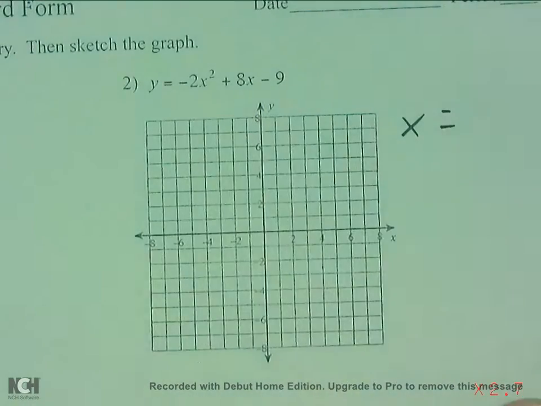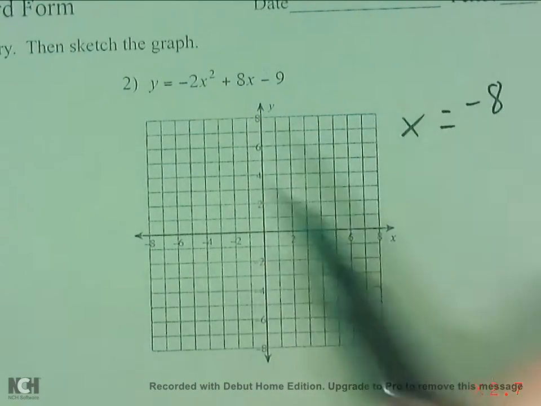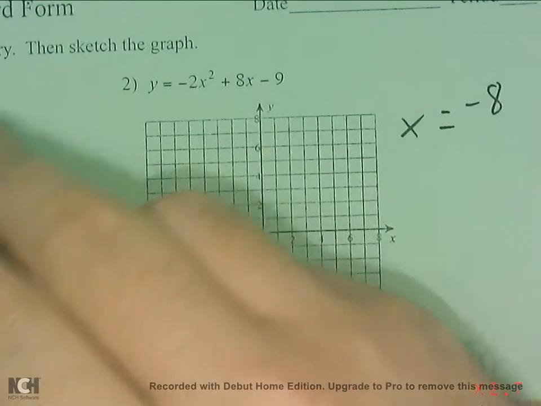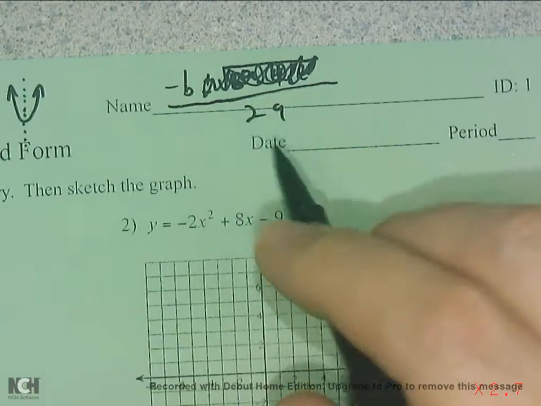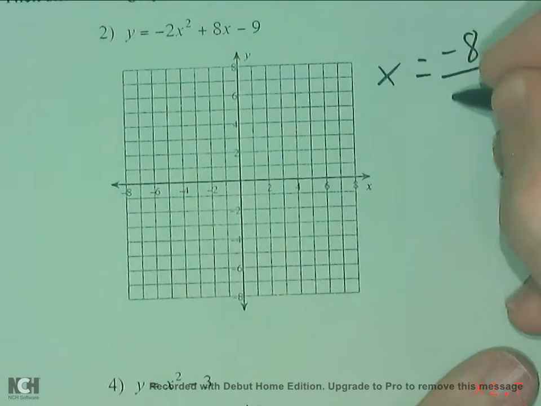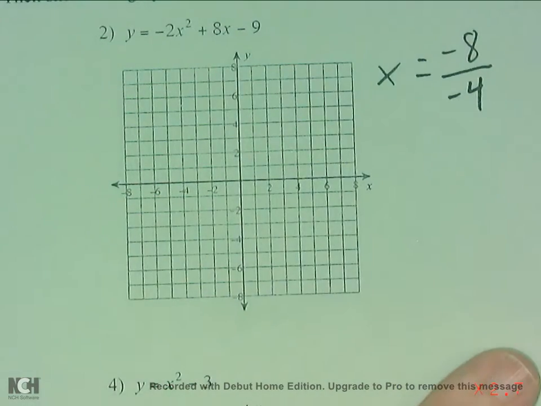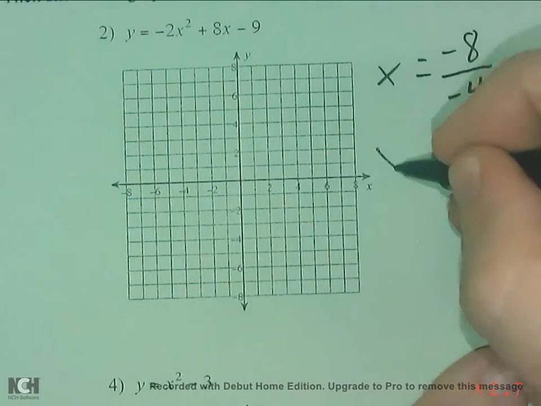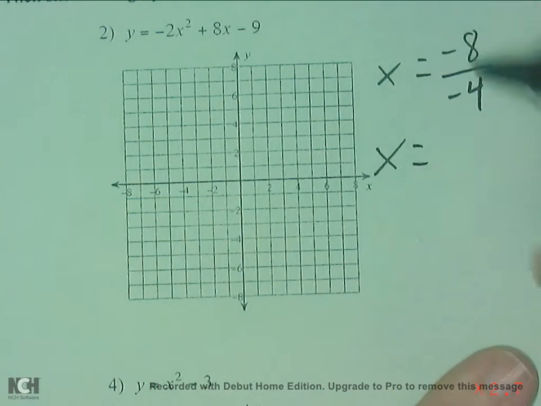And it's negative b, right? So negative 8 over 2a. Again, it's negative b over 2a. a is negative 2. 2 times negative 2 is negative 4. So negative 8 over negative 4, the axis of symmetry is going to be x equals positive 2.